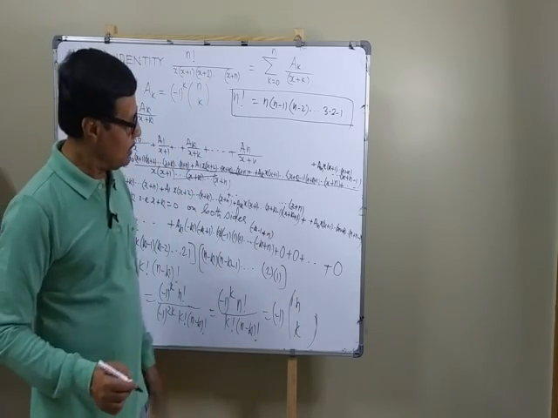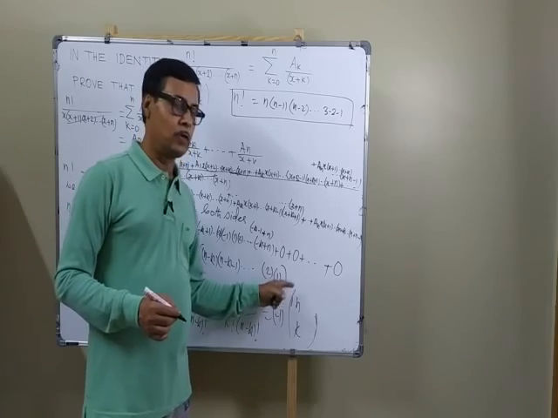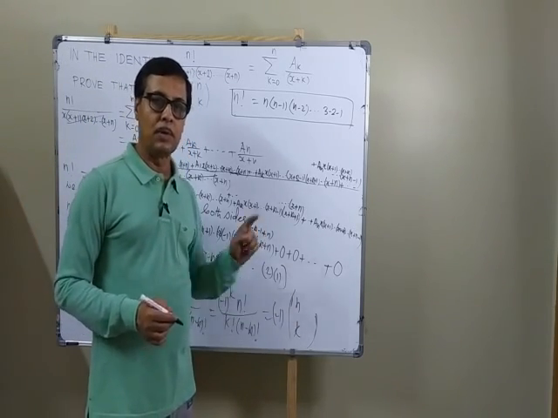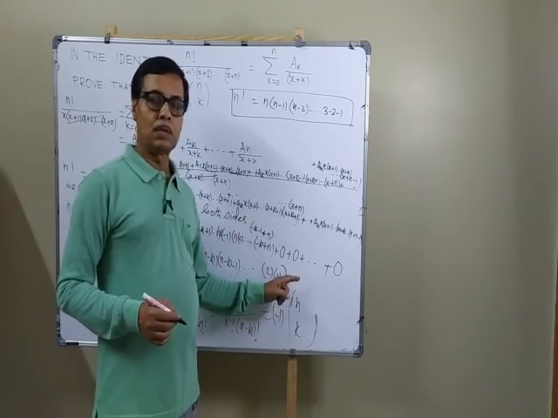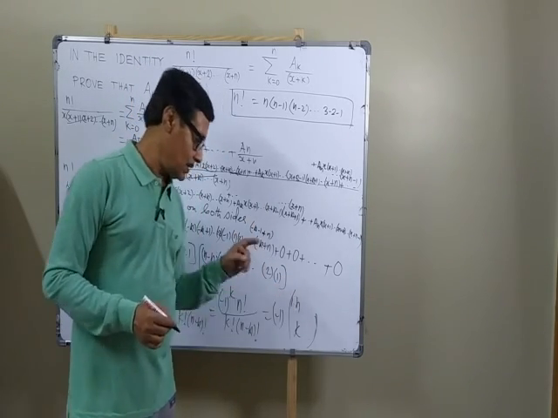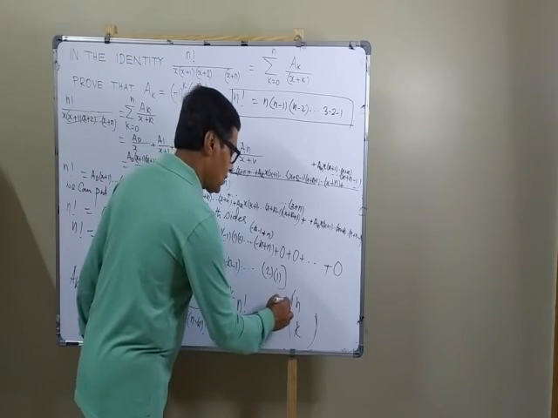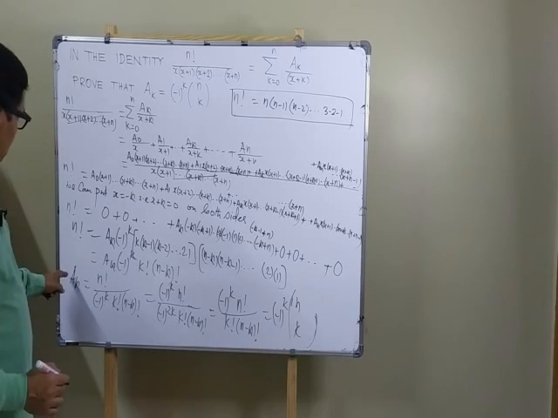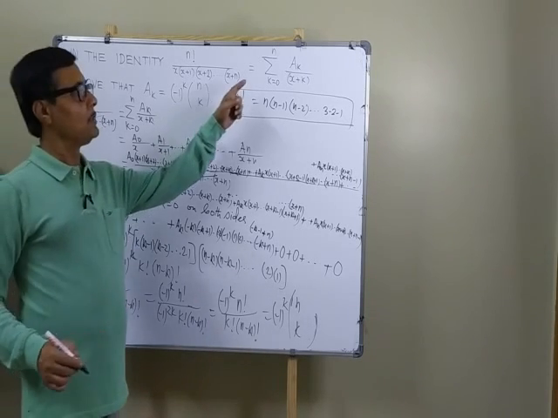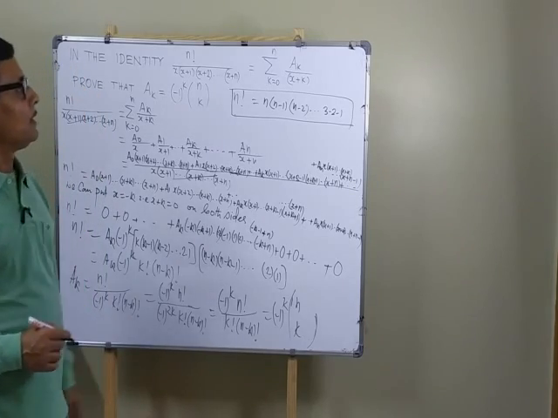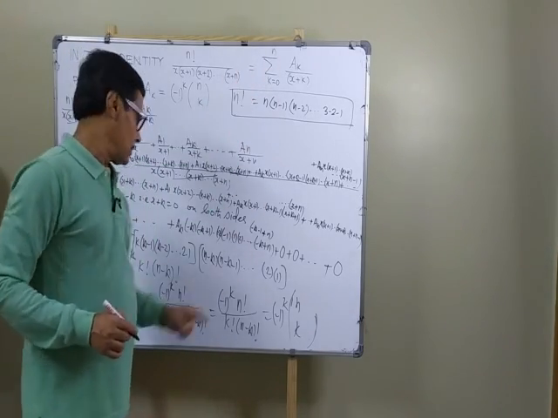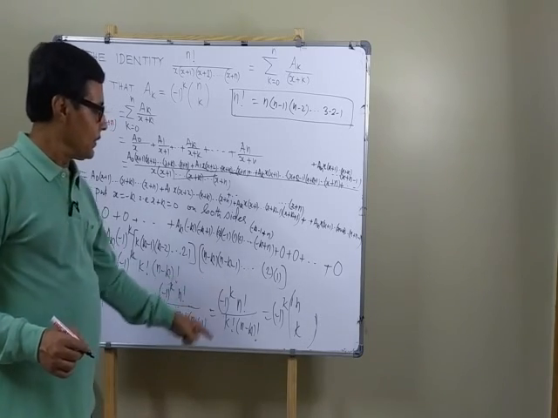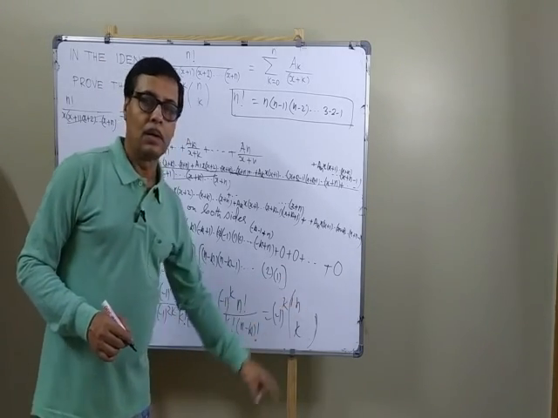This is the notation of combination, that is, minus 1 to the power k multiplied by nCk. Thus we have found the value of ak, the coefficient of this series, and the value of ak has been derived as minus 1 to the power k nCk.